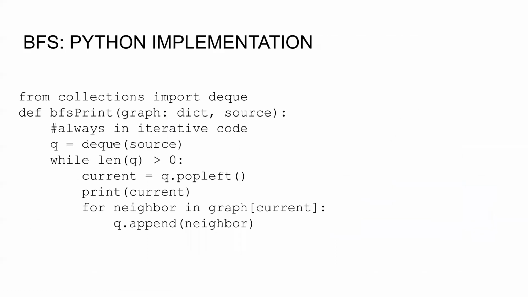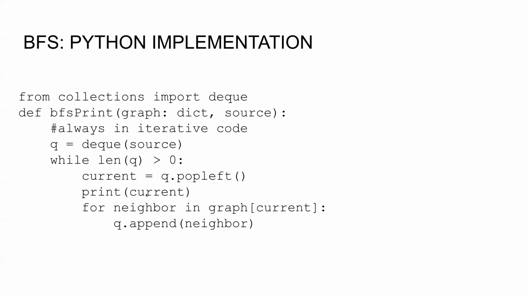Okay, so here is a sample implementation of BFS. In the Python collections module, you have a deque, a double-ended queue. We use that as the data structure to queue the nodes, right? To traverse the graph, which is a dictionary, and given the source, you start with the source. You put the source into the queue first, and while the queue is not empty, hence the length is greater than 0, you popleft. Popleft basically says I'm going to get the first node from the queue, which is the source.